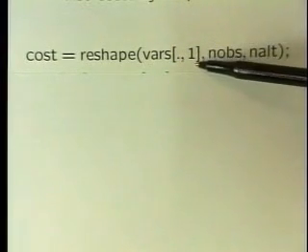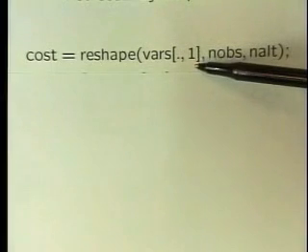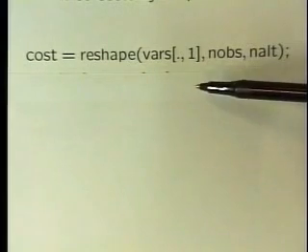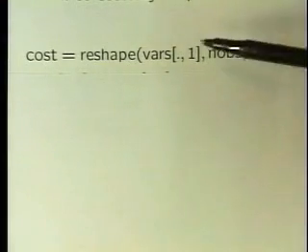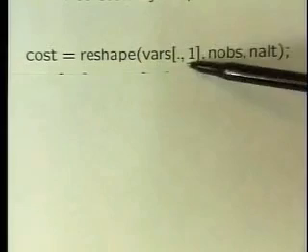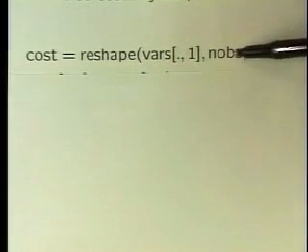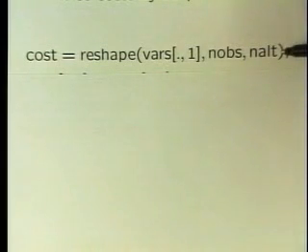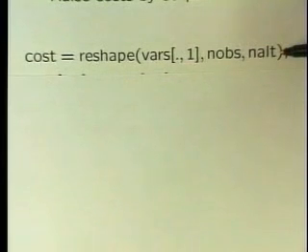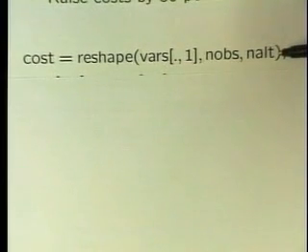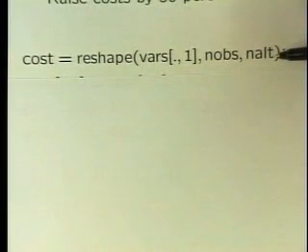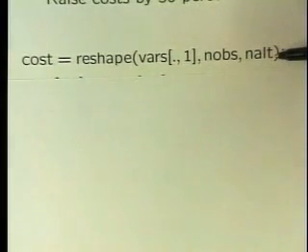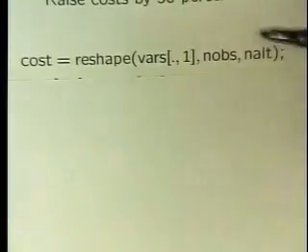It is held in that matrix as one long vector, number of observations times number of alternatives long. So we're taking that long vector and reshaping it into a matrix with rows equal to the number of observations and columns equal to the number of alternatives, 4 alternatives wide, and we're calling that cost.